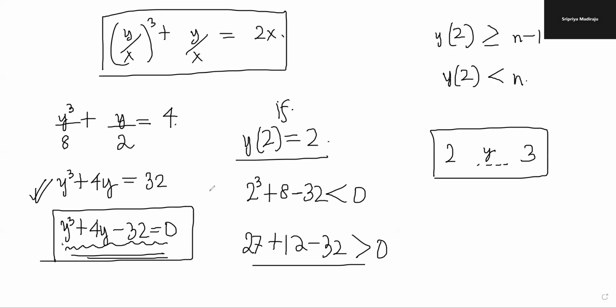No, I mean, this is for when y is 2, right? What do we have to find out? Do you have to find out the value of y of 2? Yeah, y of 2.